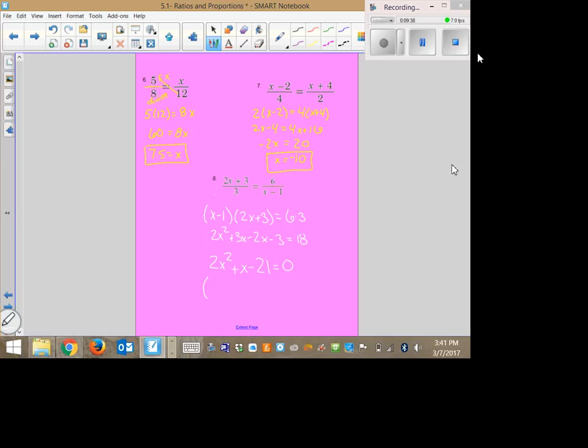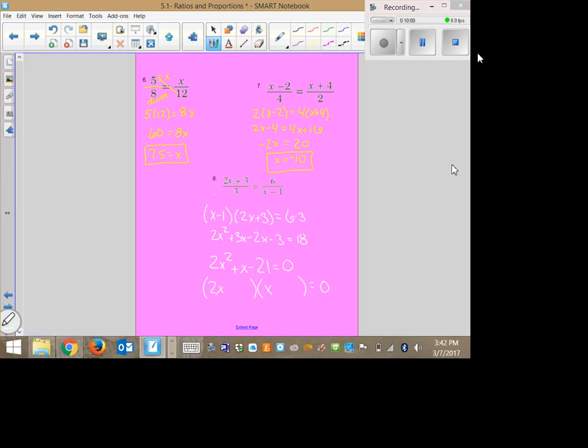We can then factor and note here that we have a coefficient of 2 in front of our x squared, so we need one with 2x and one with x. We want numbers that are going to multiply to be negative 21. So I can think of 3 and 7. So we need to decide where to put them. One of them has to be positive, one has to be negative.